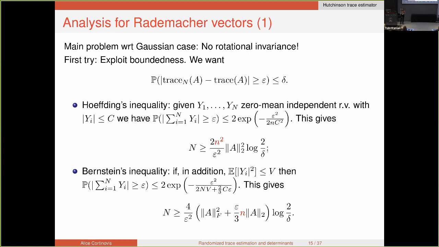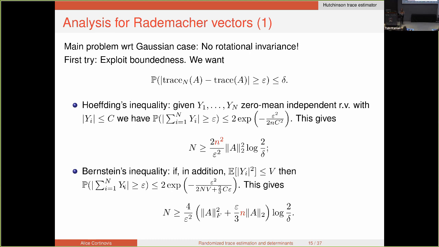So the first thing one can try is to exploit this boundedness and get bounds of this form using Hoeffding's inequality or Bernstein inequalities, which are concentration inequalities that hold for sums or means of independent random variables which are bounded, and in the case of Bernstein inequality, that have bounded variance.